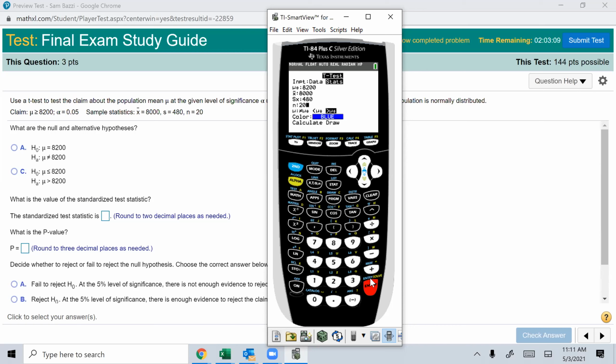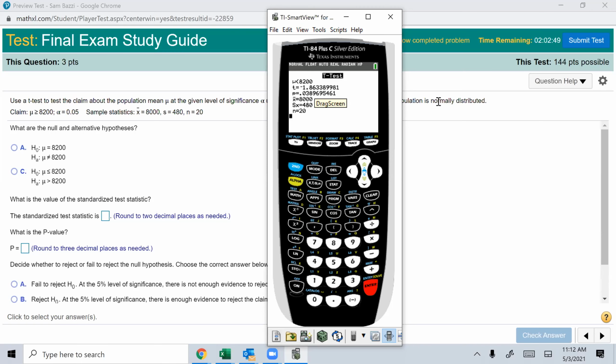And now choose the alternative sign, which is less than. And hit calculate. And T is negative 1.863 and the p-value is 0.0390. And alpha is 0.05.